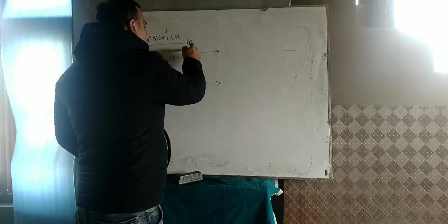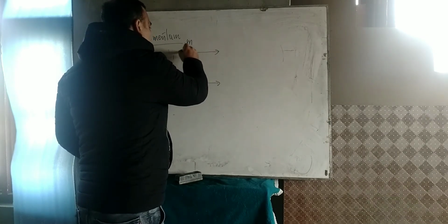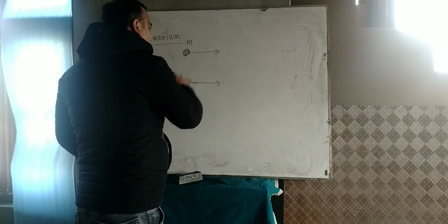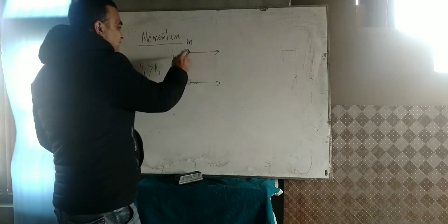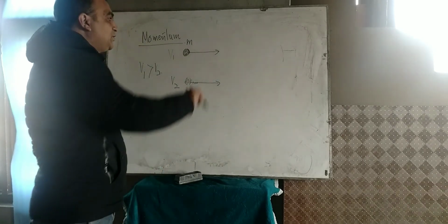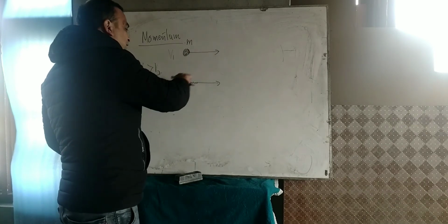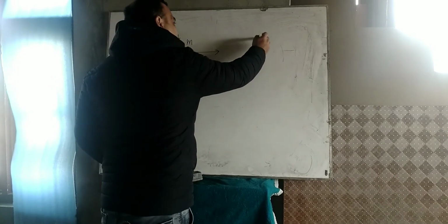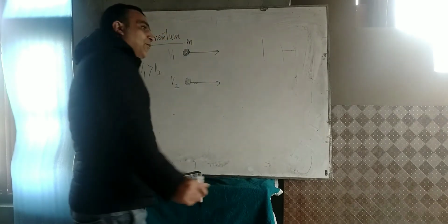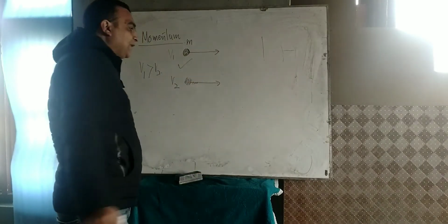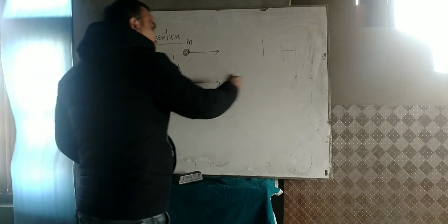Now, in this ball, the quantity of motion is more than that of this ball, because the velocity with which this ball is moving is more than v2. That means I again need more force to stop this ball, and less force to stop this ball.